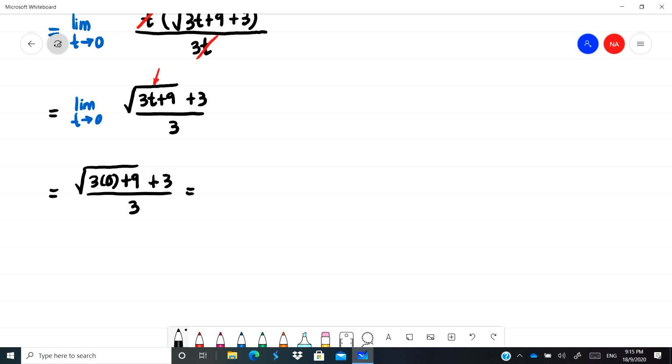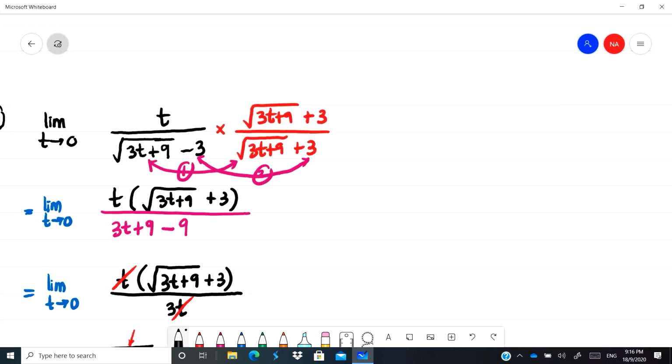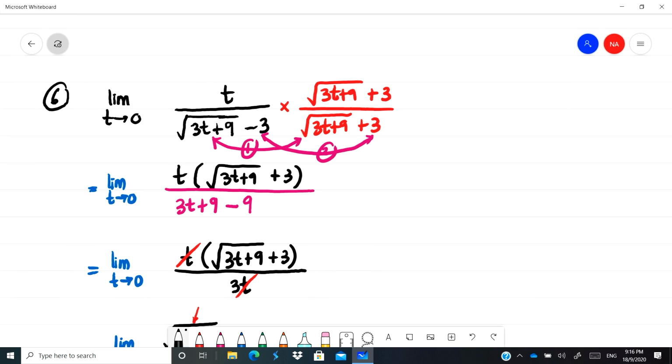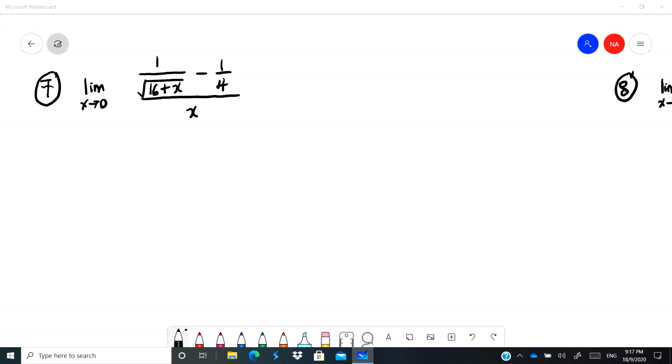This simplifies to the square root of 9 plus 3 over 3. The square root of 9 is 3, so 3 plus 3 over 3, which is 6 over 3. Your final answer is 2. So we are done with question number 6. Let's look at number 7.